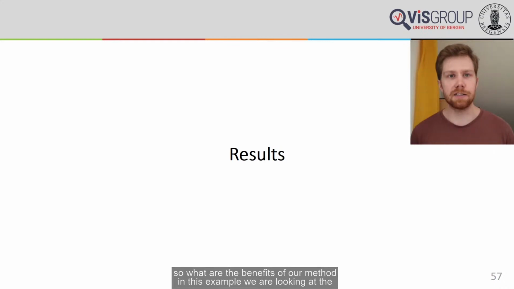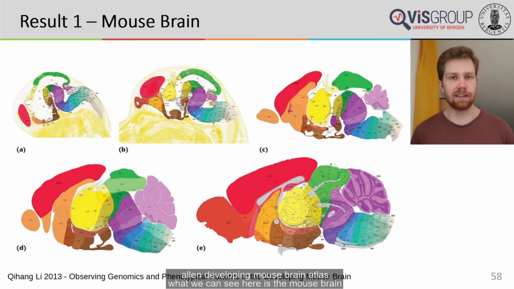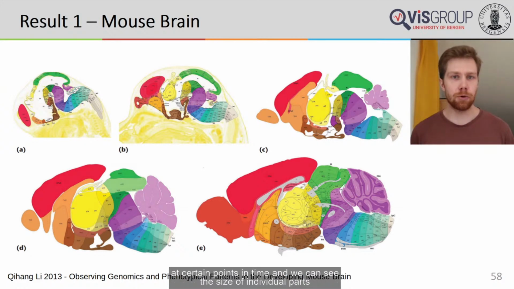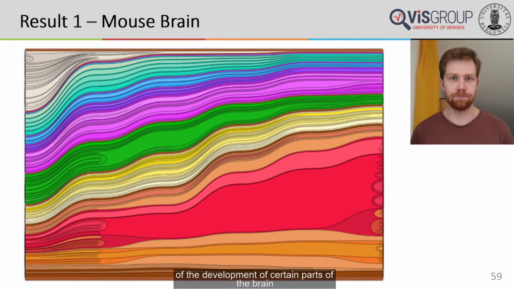So what are the benefits of our method? In this example, we are looking at the Allen Developing Mouse Brain Atlas. What we can see here is the mouse brain at certain points in time, and we can see the size of individual parts. If we display this data as a nested stream graph, we get a better impression of the development of certain parts of the brain.